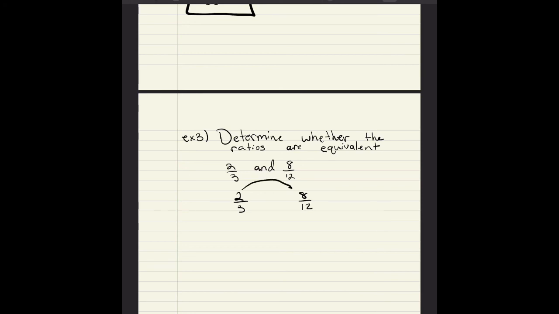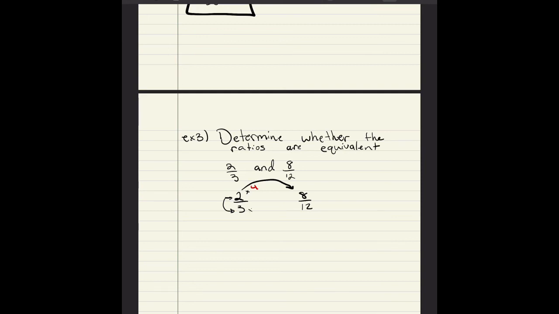So can you multiply, since we're going bigger, right? We're going from 2 to 8, so we're getting a bigger number. So can we multiply anything by 2 to get 8? Yes, we can multiply 2 by 4 to get 8. But remember, what you do to the top, you have to do to the bottom.